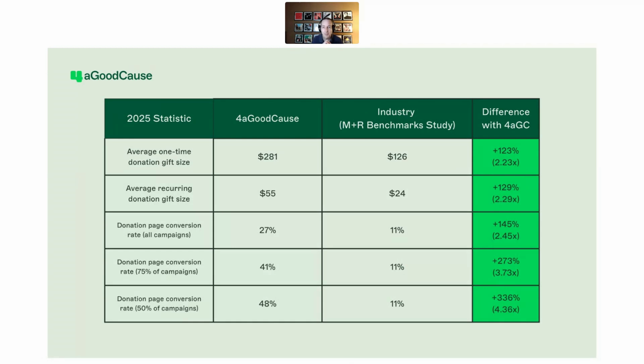Once they hit that form, across the industry, only 11 out of 100 people will actually complete the gift and fill out the form. So your conversion rate is 11%, 11 out of 100. On For a Good Cause, our average is 27%, 27 out of 100.